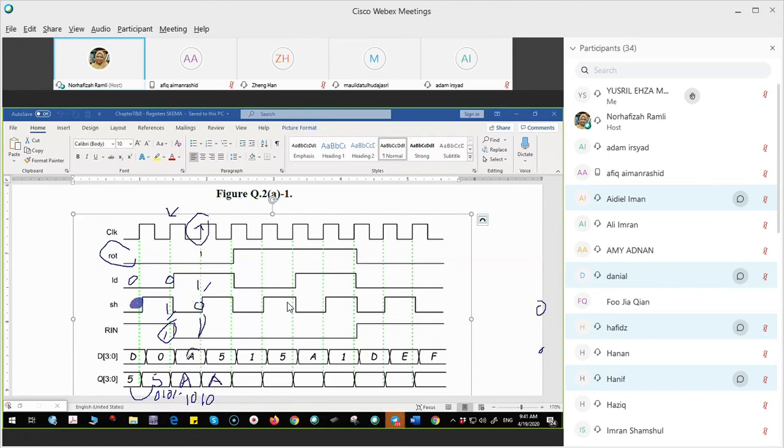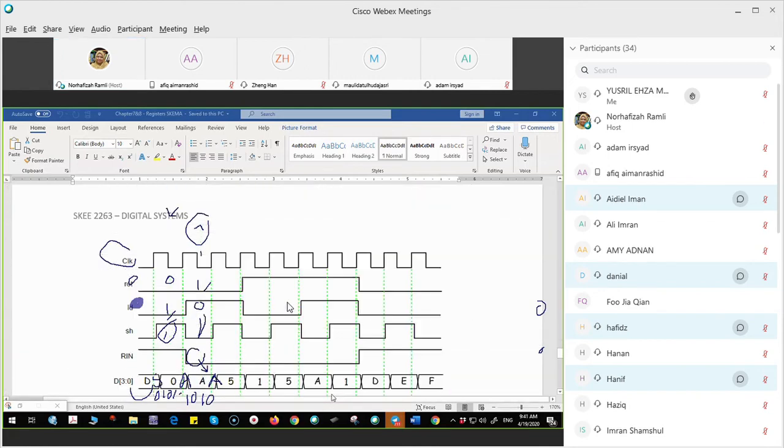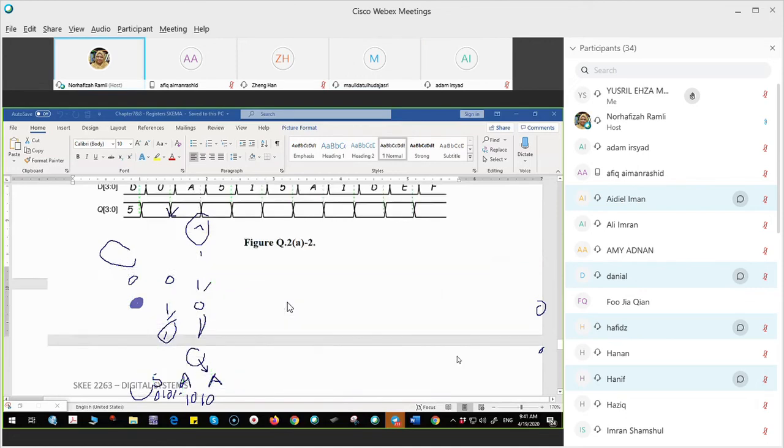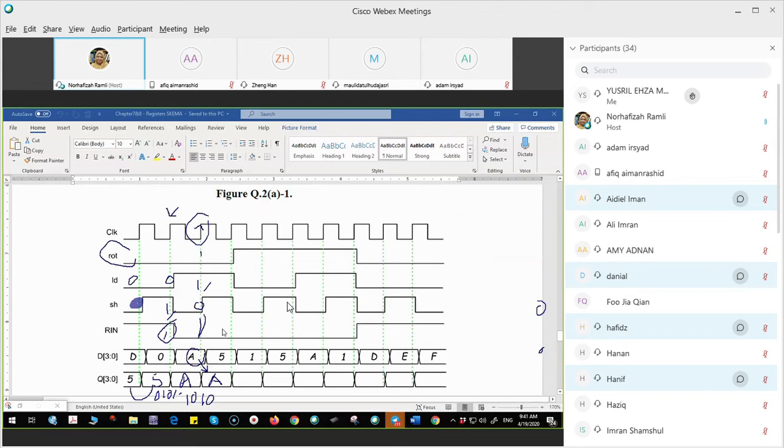So the A here will come here. This one is due to shift, this one is due to the load. This A, and then this A. Next, what do you get? Go with me.